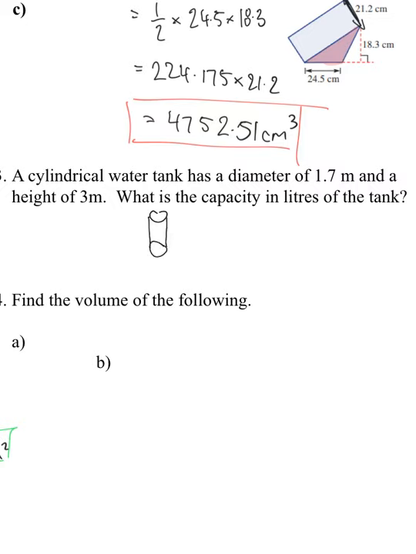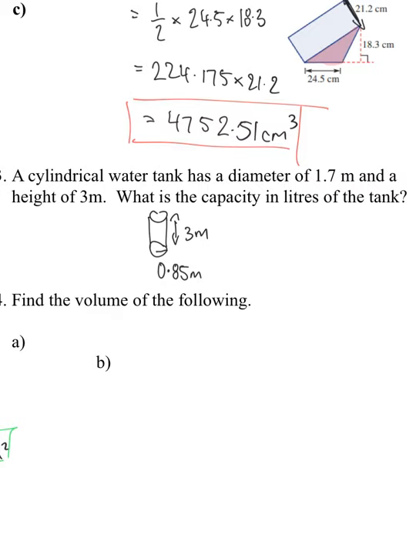That is the worst tank ever, but it'll do. It's a water tank. We've got a diameter of 1.7 meters. If you halve that, guys, that's going to be the radius, so that's 0.85 meters. And we've got a height of our tank of 3 meters. Apologies again for my terrible water tank.